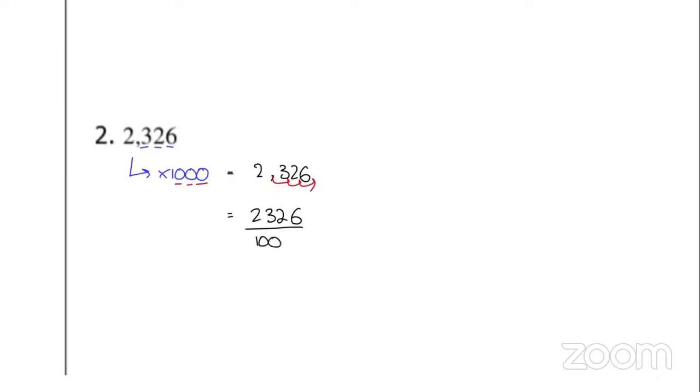So again, you're not changing the value. Okay, and I'm sure we can simplify this. Put in your calculator 2,326 divided by 1,000. And this is equal to, by halving, 1,163 divided by 500.